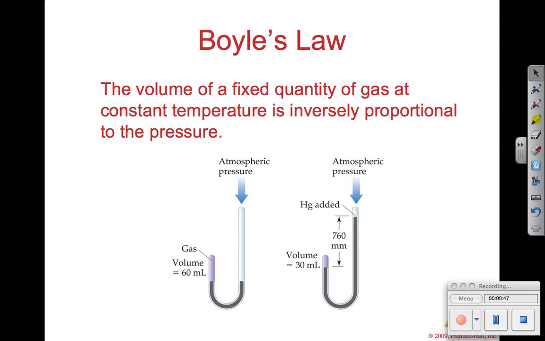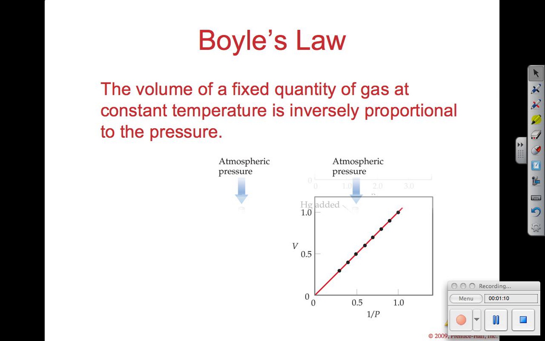Temperature is held constant, but the volume is inversely proportional to the pressure. What that means is that as the pressure goes up, the volume will go down, so the volume will get smaller. And as the pressure goes down, the volume will increase.